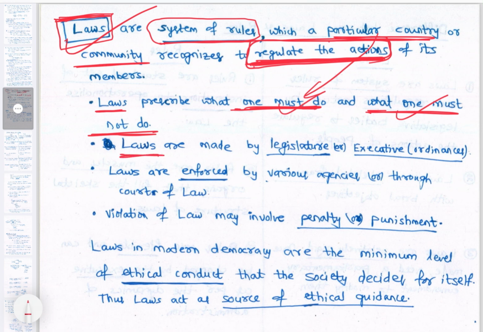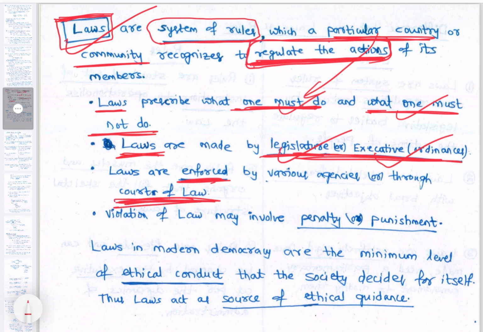Laws are made by the legislature or by executive ordinances. Any act or law is made by a legislature or the executive. Laws are enforced by various agencies and implemented through courts of law.